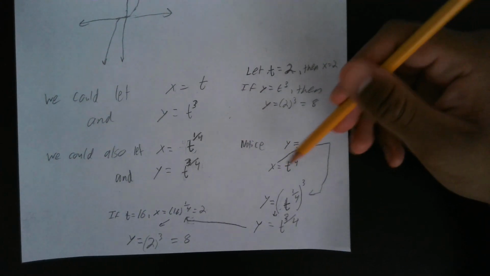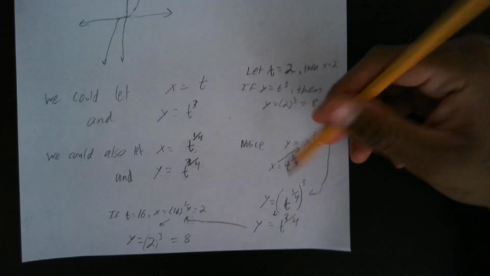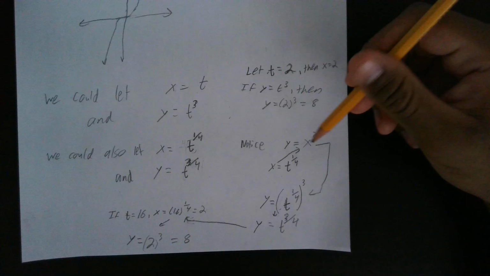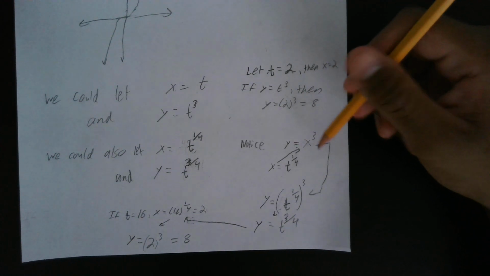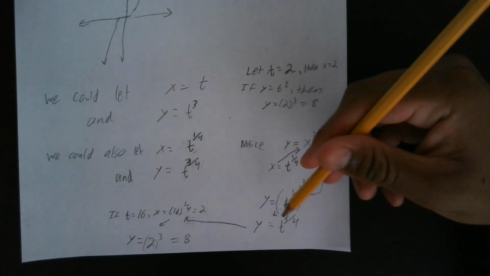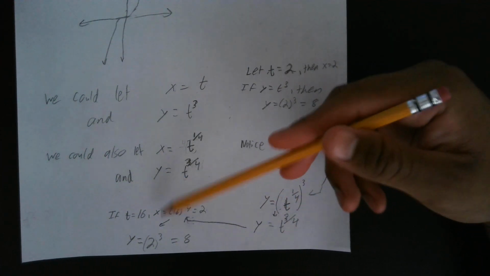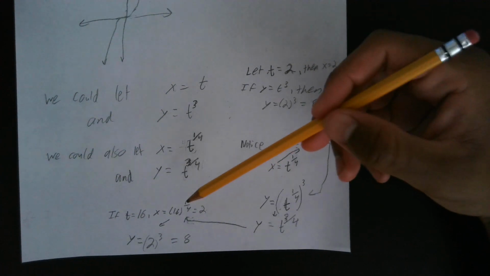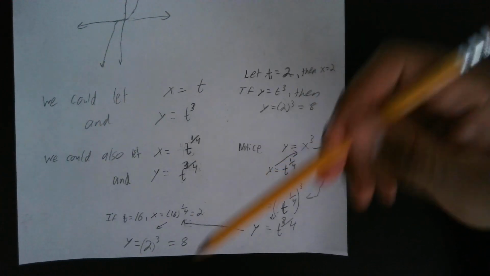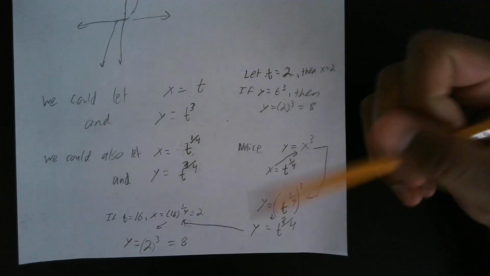Let me repeat that. If x is equal to t to the 1/4, then if we sub in for x, we get y equals t to the 1/4 raised to the 3rd power, and that would be y equals t to the 3/4. If we were to let t be equal to 16, then we would have an x value of 2. And if you sub in 2 for x, you'd get y equals 8.